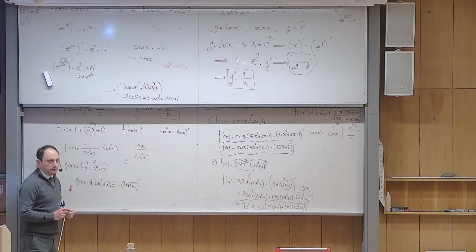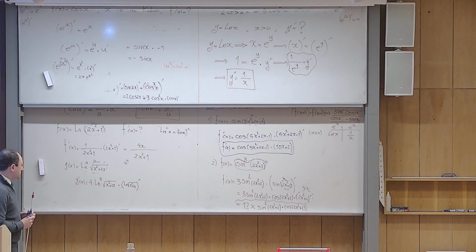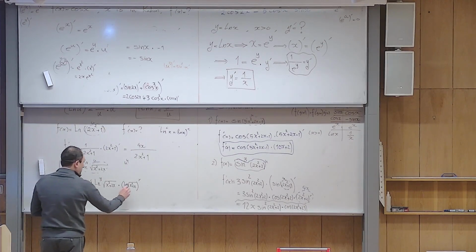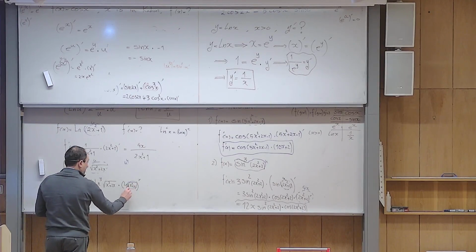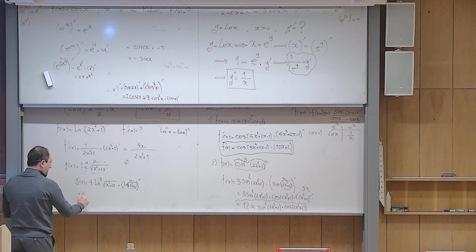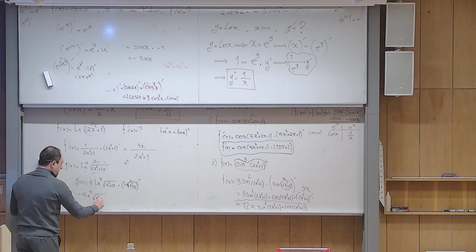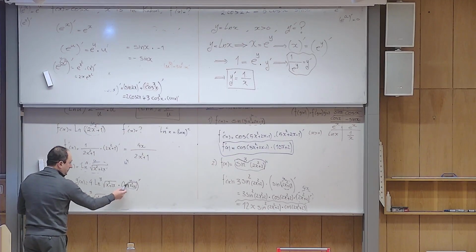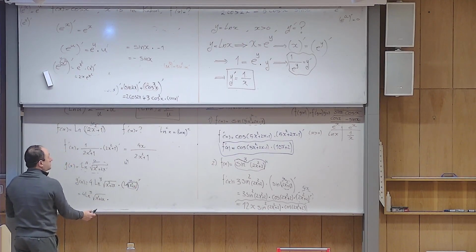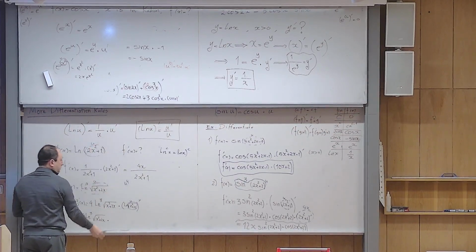There is a prime here. So again, I have to take something to be u. What is good to take to u here? The square root. The square root, yes? So I will take this to be u in my head. So what I do, I have 4. This is the copy-paste part. This is ln of u prime, but it is still on the board. Ln of u prime is 1 over u multiplied by u prime.